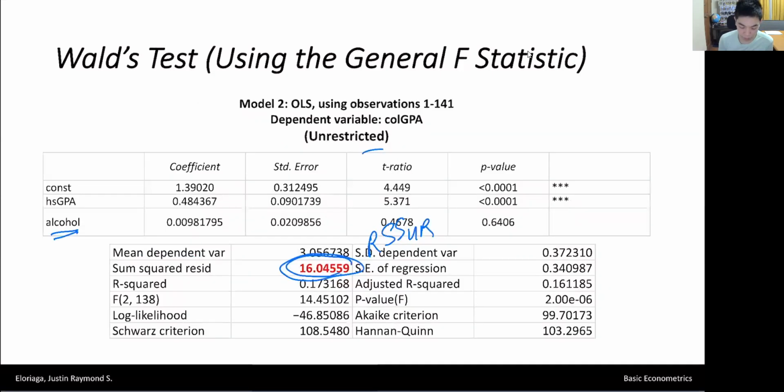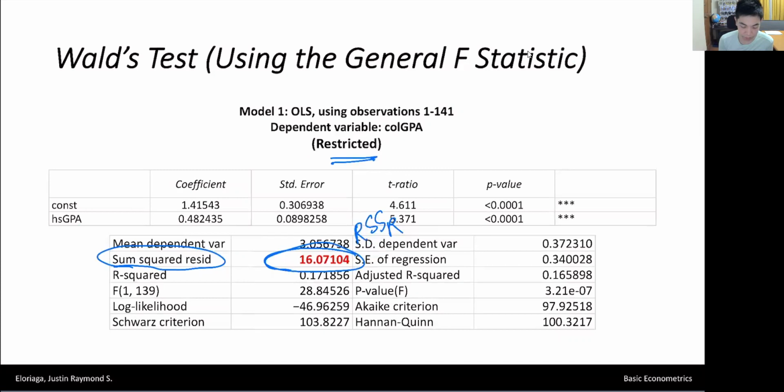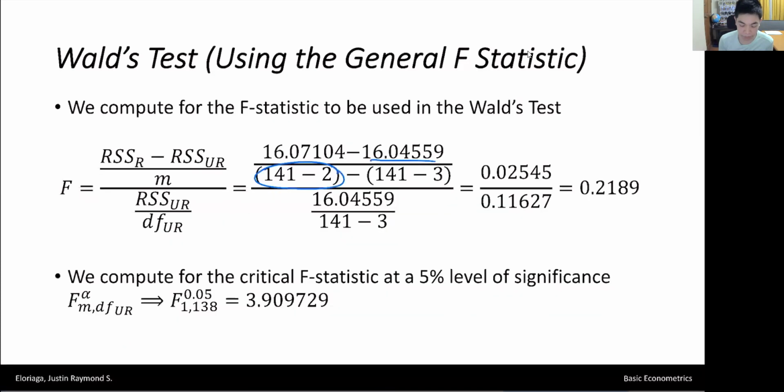If you consider everything that was estimated, 141 minus 2 corresponds to the degrees of freedom of the restricted model. And then this is the degrees of freedom of the unrestricted model. In your unrestricted model, you had 3 parameters to estimate: beta naught, beta 1, and beta 2.